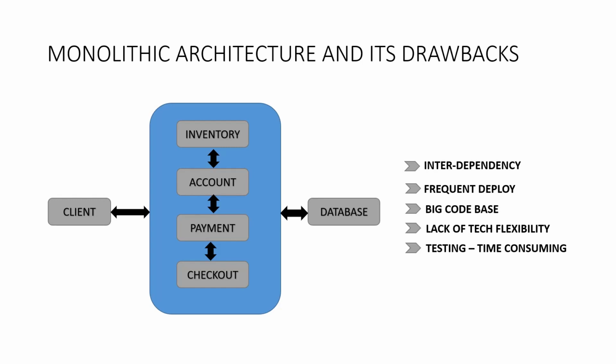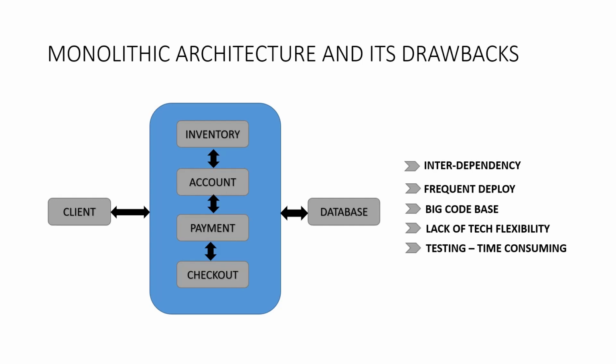So the tester will continue to test that module even though there are no significant changes in the functionality of other modules. Okay, so these are the problems we are facing with the monolithic architecture.